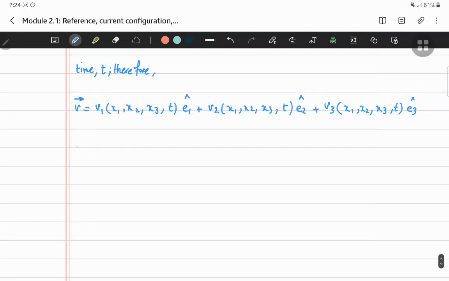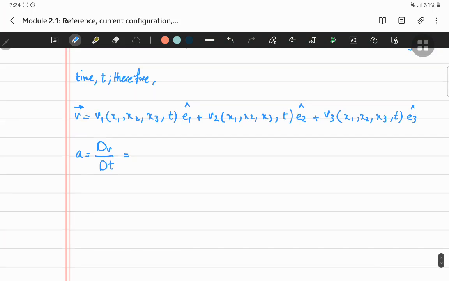So if you want to calculate a, for example, this is dv dt, you have to use, again, the chain rule.